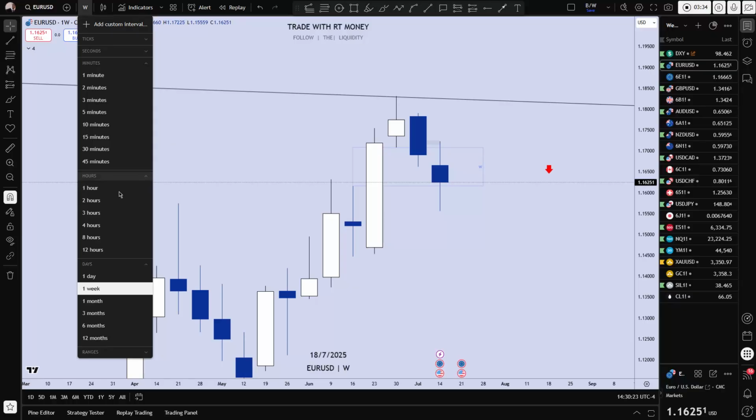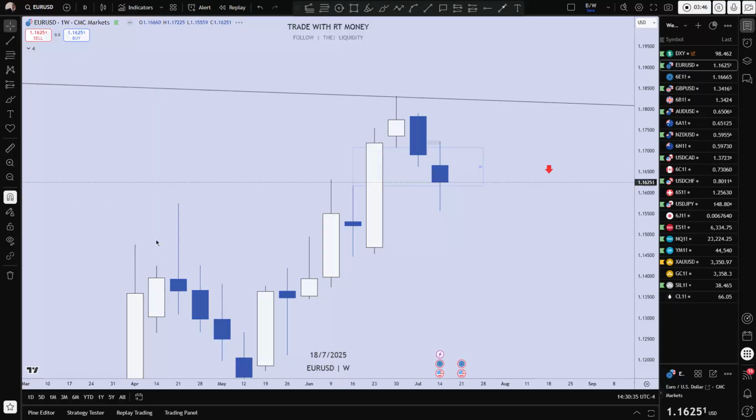If we start to look into how the market is going to get from where it closed on Friday down to here, how's that going to happen? Let's look at the lower time frame.